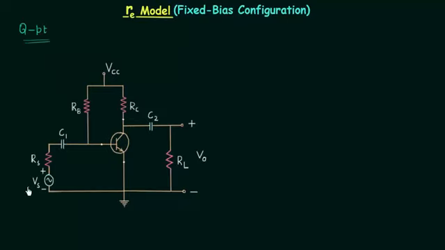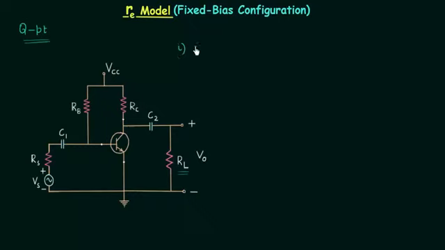But here we have to perform the AC analysis. Vs is the input voltage with resistance Rs, Vo is the output voltage, and it is the voltage across the load resistance RL. In order to find out input and output impedances, we need to do two things.